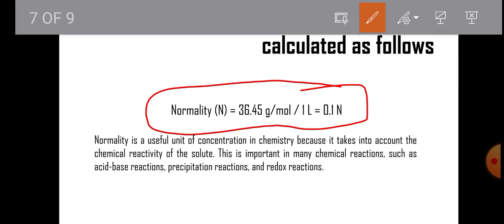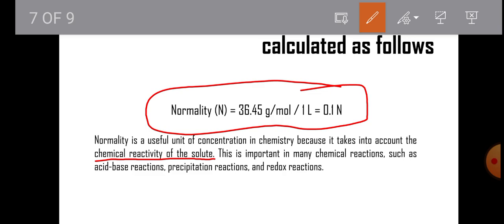Normality is a useful unit of concentration in chemistry because it takes into account the chemical reactivity of the solute. So, it will help us understand the chemical reactivity of the solute. In this example, HCl is our solute.